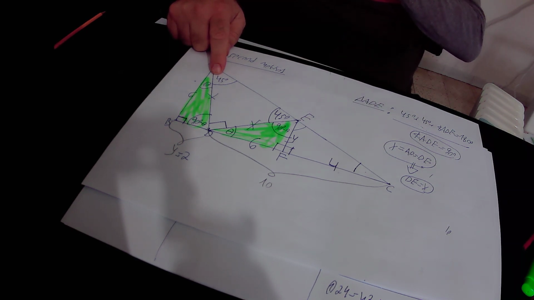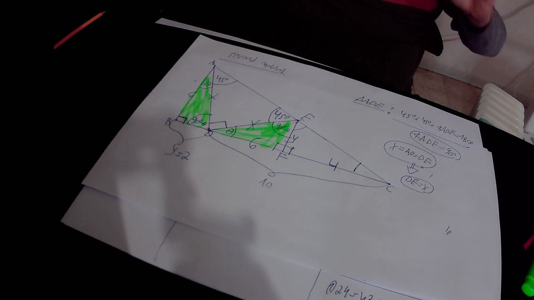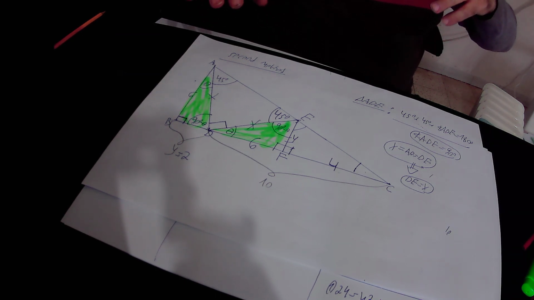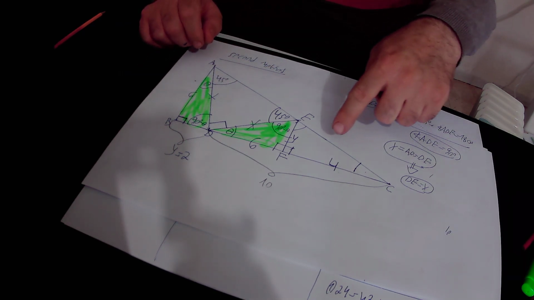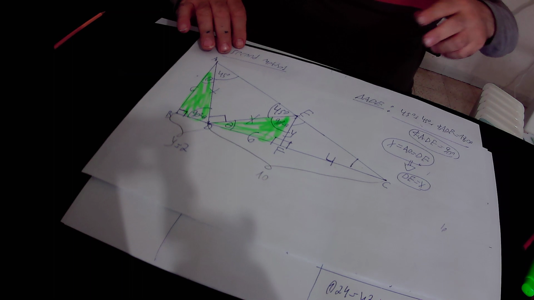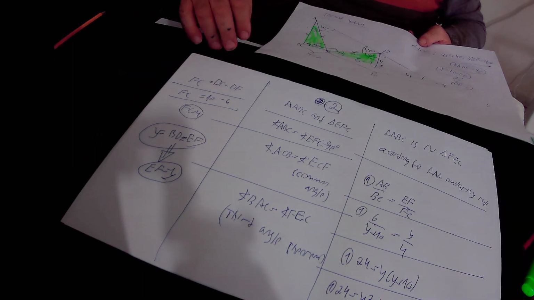The third angle theorem states that if two angles in one triangle are congruent to two angles in another triangle, then the third pair of angles must also be congruent. Why? Because the angles of a triangle add up to 180 degrees. So we prove that all the angles inside triangle ABC are congruent to all the angles of triangle EFC. Therefore, those two triangles are similar to each other. Okay?